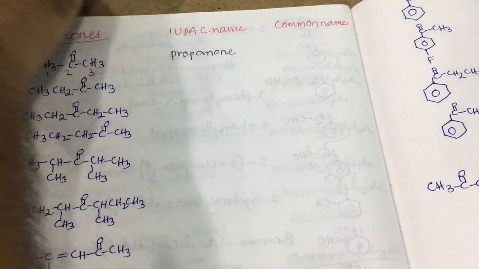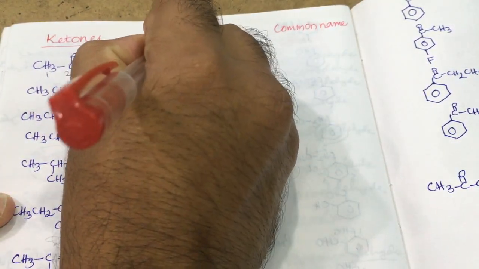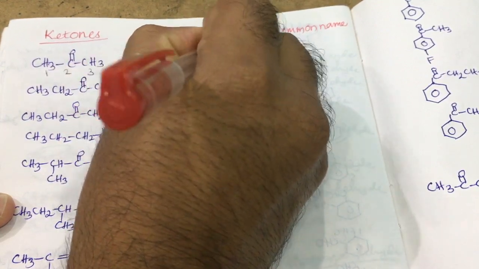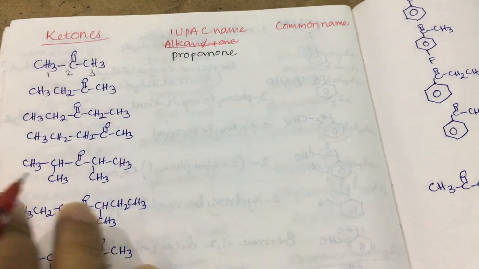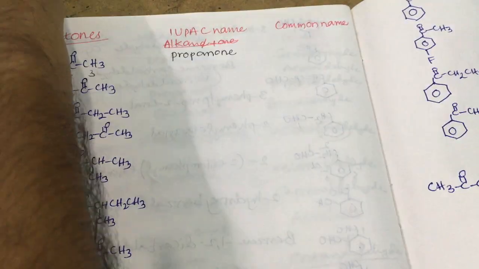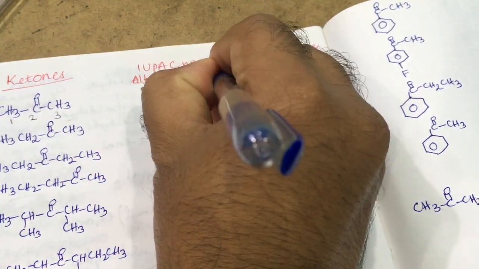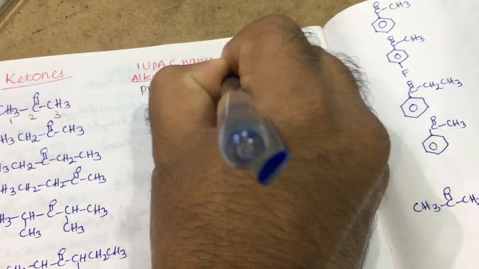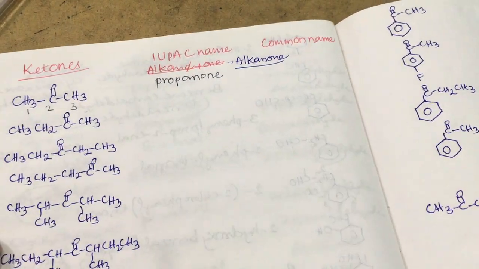Once again, the IUPAC name: alkane, remove E, add ONE, that is called alkanone. This alkanone is the IUPAC name.